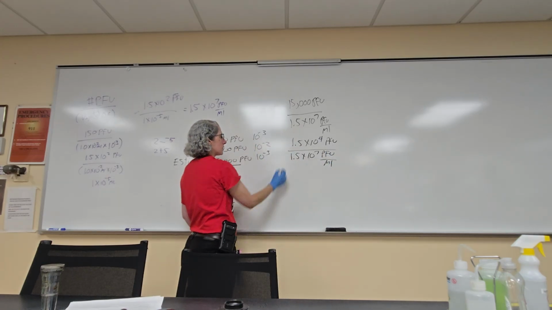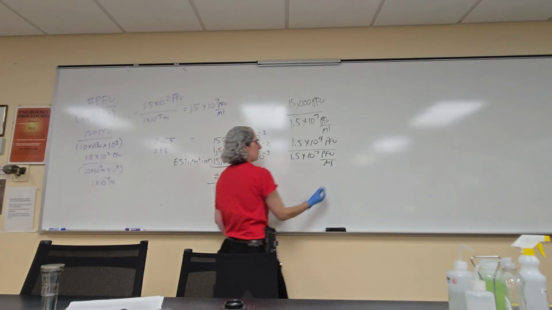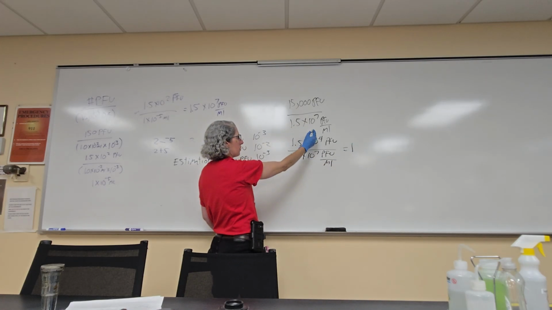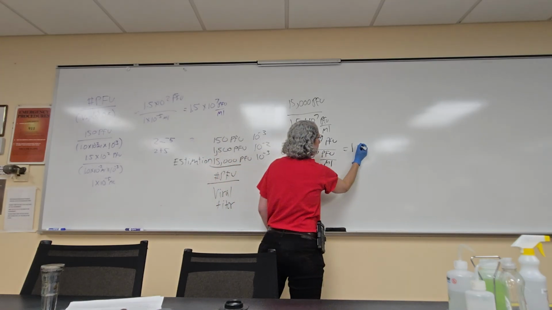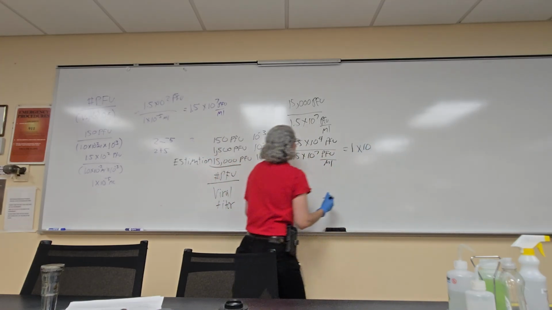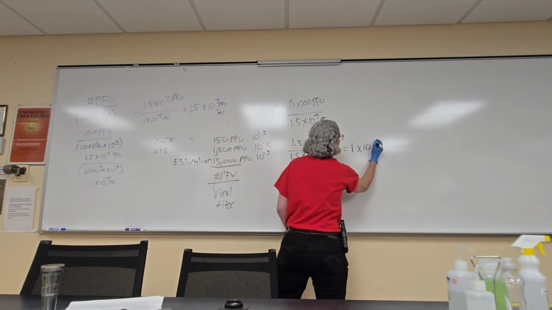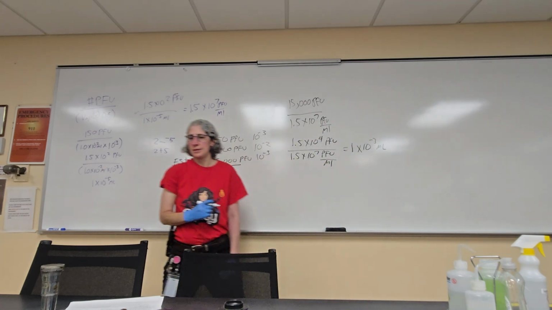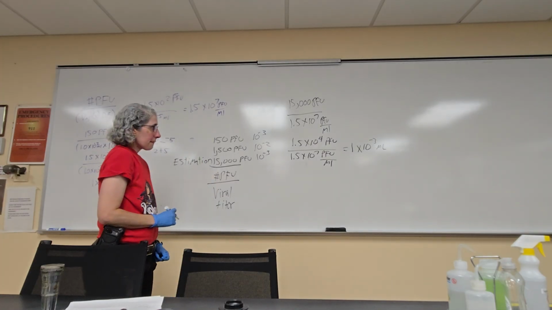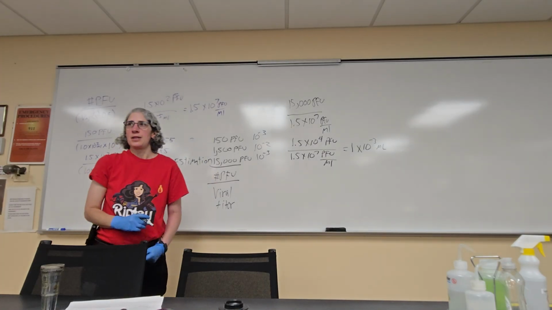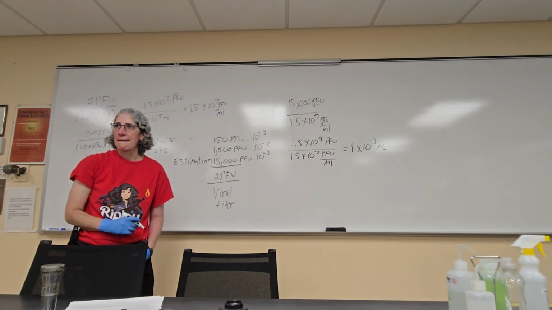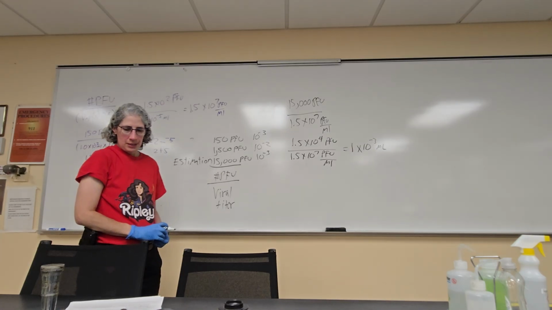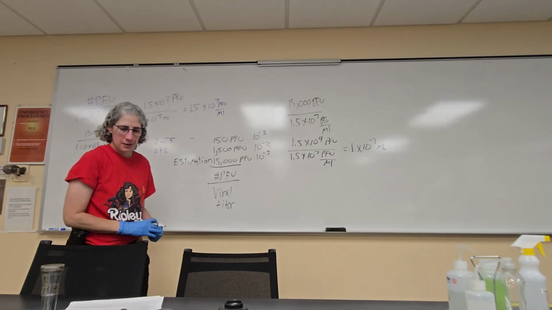We're dividing, so 1.5 divided by 1.5 is going to give us 1, and then our exponents we are going to subtract. So that's going to give us 10 to the minus 3 mils. Okay? But we have to do everything in microliters. So we're going to convert this from the mils to the microliters.